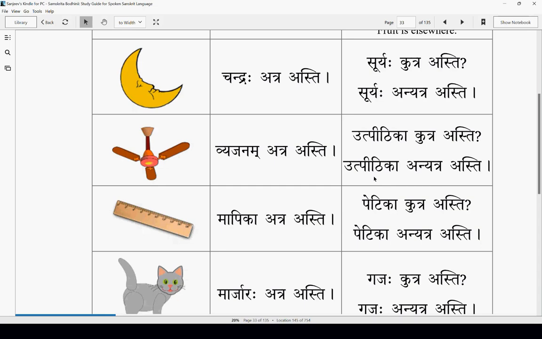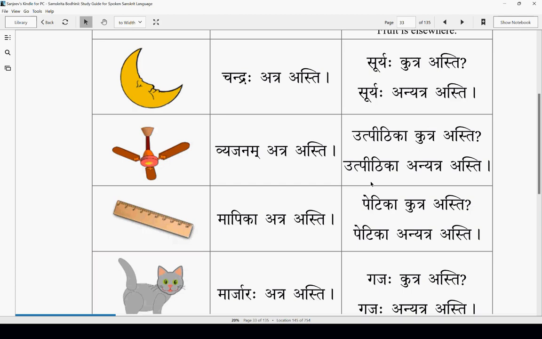In this sentence, asti is the verb. Yes, kriyapadam. And then patram or chandra is the subject. Yes, correct. And then atra, tatra, what are they? They are not adjectives. You are asking, it is the location. Yes, good question.